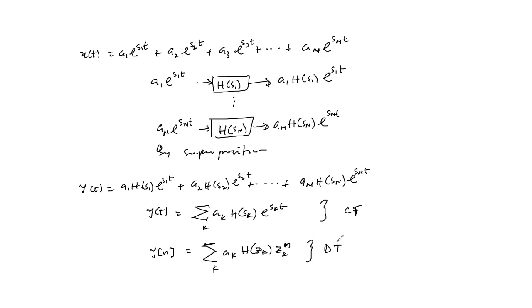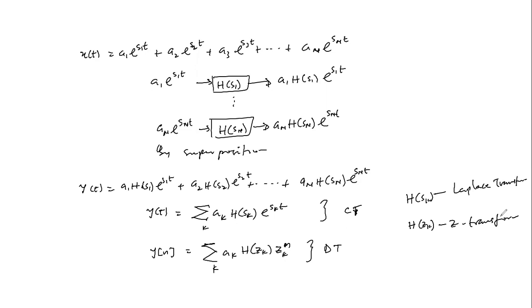So note that the H of s sub k and the H of z sub k are the Laplace transform and z transform respectively for the continuous time and discrete time sequence.